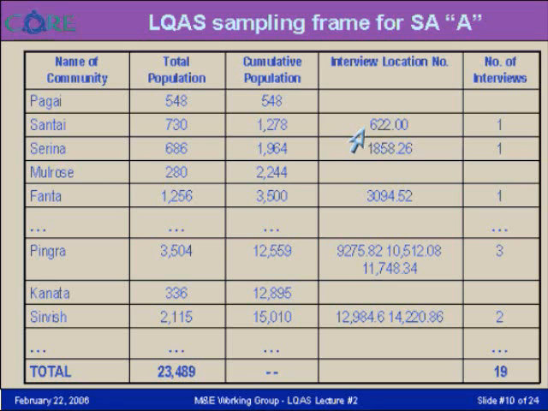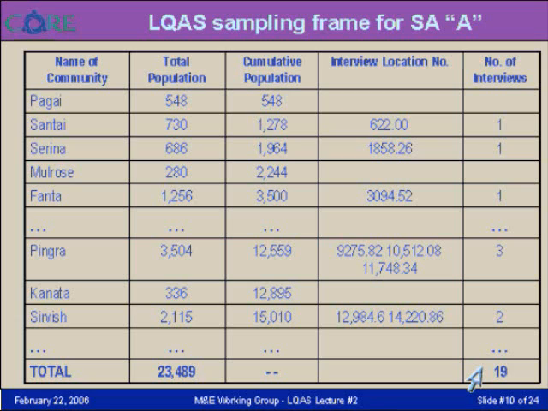We will be able to identify these location numbers. Once we have all these 4 pieces of information, communities, populations, cumulative population, and the interview location numbers, then we will be able to identify all the 19 communities where we are going to conduct the survey.